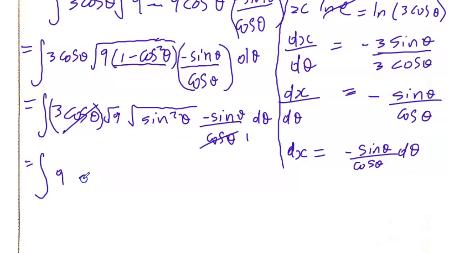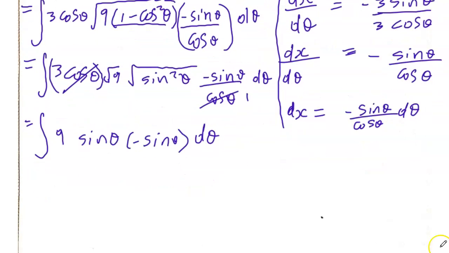So this is sine theta times minus sine theta, d theta. Alright, continuing. So this is the integral of minus 9 sine square, since sine times sine is sine square, d theta.